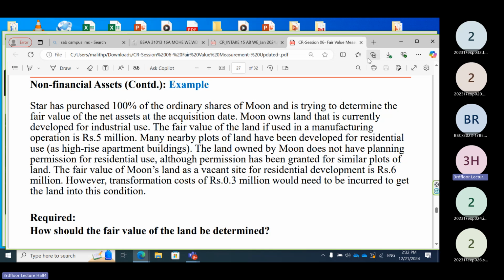Transformation cost is not a transaction cost. So 5.7 million. What is the fair value? According to the scenario, 5.7 million is the fair value. 5.7 million is the highest and best use.